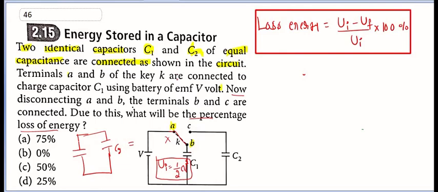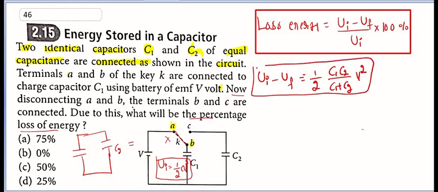So now the initial energy is equal to half CV square. Then the change in energy is equal to, what is the formula? That is 1 by 2 C1 C2 divided by C1 plus C2 into V square. So this is called as a change in energy.